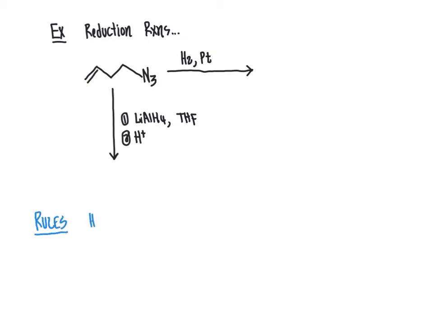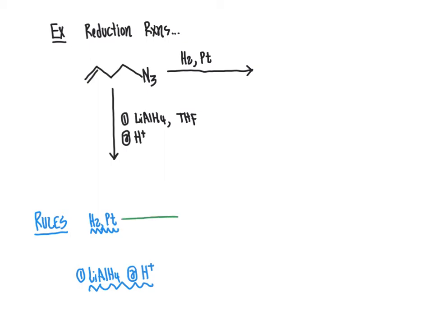Specifically, since in this video, the reducing agents we're focusing on are hydrogen with a metal catalyst and lithium aluminum hydride, followed by acid, we want to be sure that we're all on the same page here about what these will and will not reduce.